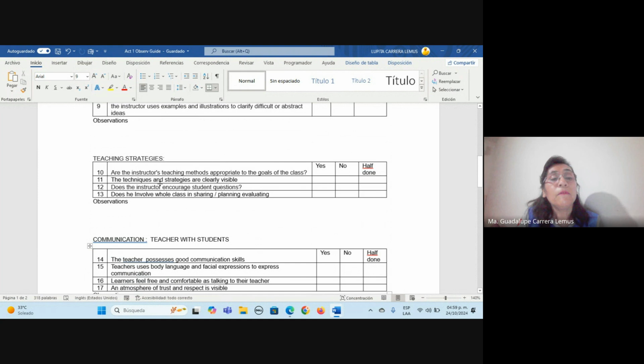Then what I consider one of the most important aspects is also the teaching strategies. If the instructor's teaching method is appropriate to the goals of the class, or if it's a method really visible, or maybe he uses a combination of different methods, because that would depend on the size of the classroom and the ages of the students, because we cannot use one method for all the groups.